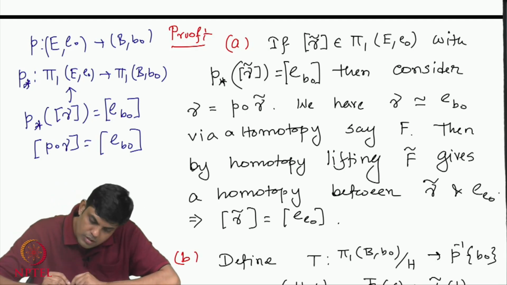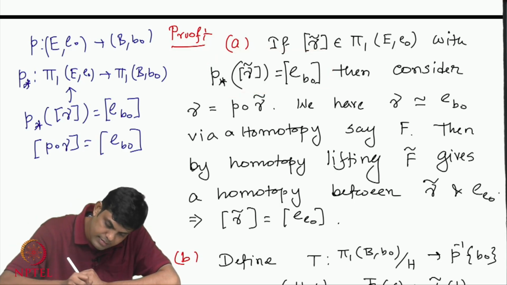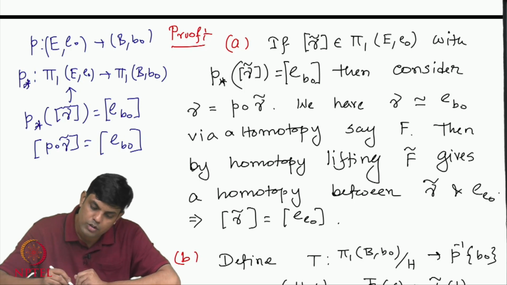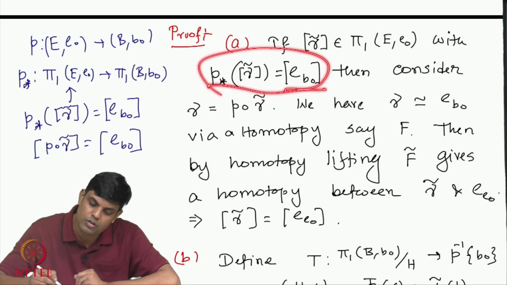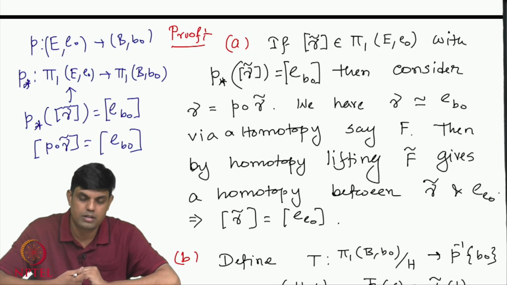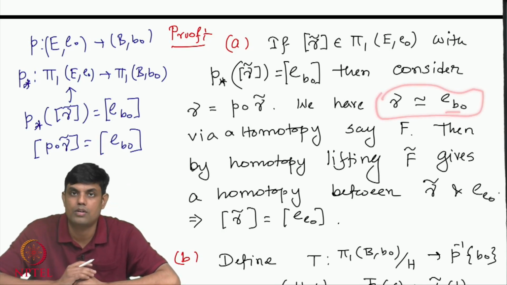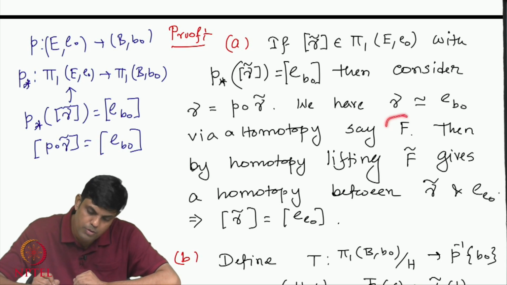Okay. So let me write it in words. So if P star of gamma tilde is the constant loop at B0, so let me be consistent here and put gamma tilde. Okay. So if P star of gamma tilde is the constant loop at B0, then you consider gamma, which is the projection of the curve, and then gamma is homotopic to the constant loop via some homotopy.